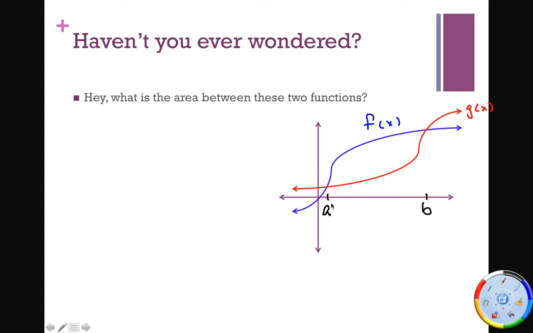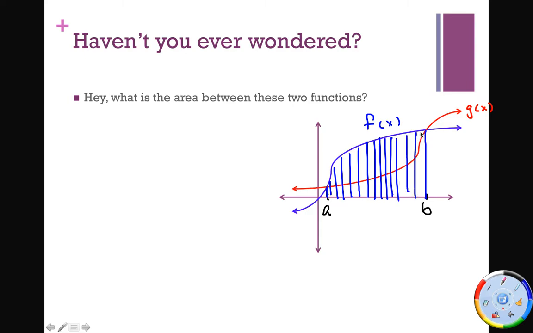If we were to find the area underneath f between A and B, it would look like this, and we know how to find that using basic integrals, if we knew what the function's equation was.